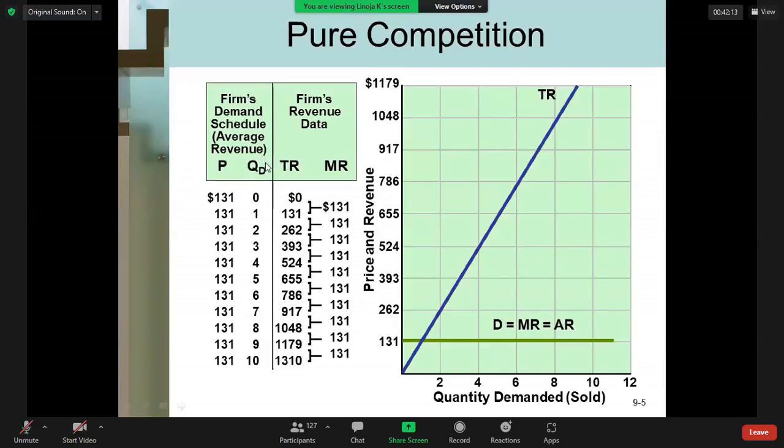If you want, you can note it out. Price into quantity demanded, that is total revenue. You can check it out. $131 into 0, 0. $131 into 1, 131. 131 into 2, 262. Likewise, you will get the values by multiplying price into quantity demanded.